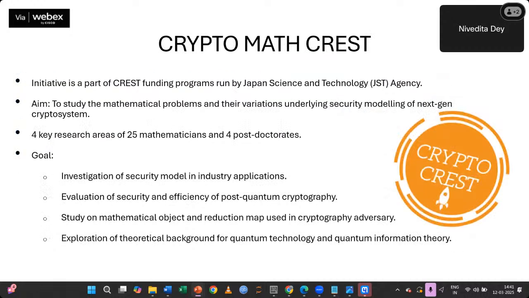So CryptoMath Quest is another initiative taken by the Japan Science and Technology Agency. Its aim is also to study the mathematical problems and their variations underlying security modeling of the classical crypto system.